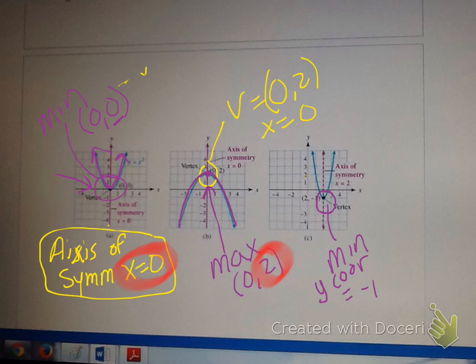The x coordinate's not going to help you say what a low point is, because it could be over here, right? And the x might be negative whatever, but it's still not going to explain how low the parabola goes. If the parabola is moving up and down the y-axis, then the y coordinate is going to give you that definition of a minimum or maximum.